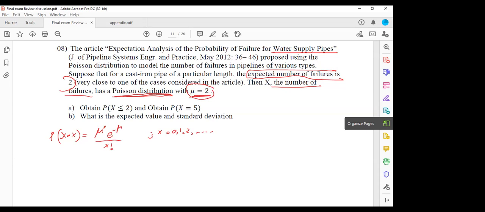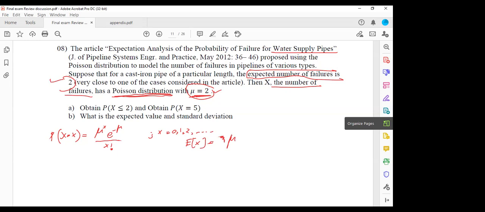At the same time I'll tell you this one. The expected value of the Poisson distribution is this parameter mu, the mean parameter. You can see this 2 and this 2 are the same value, the expected number of failures.